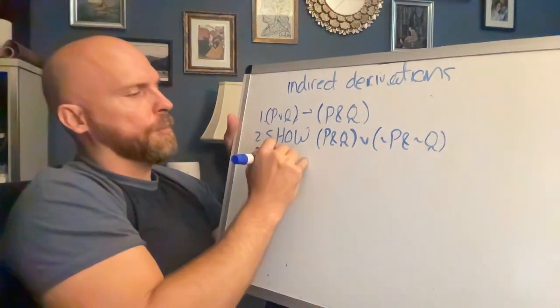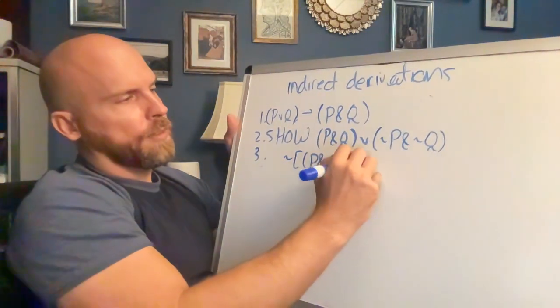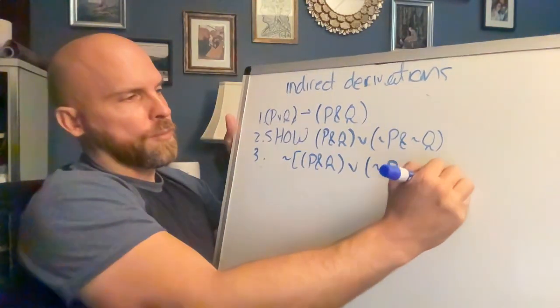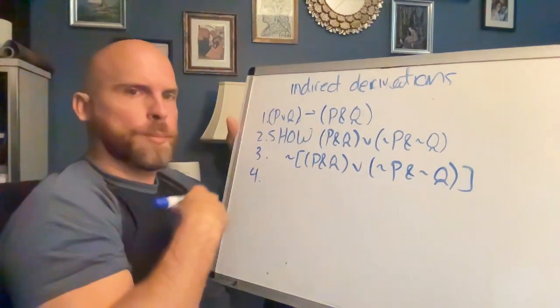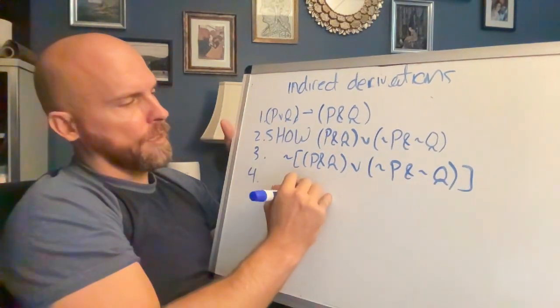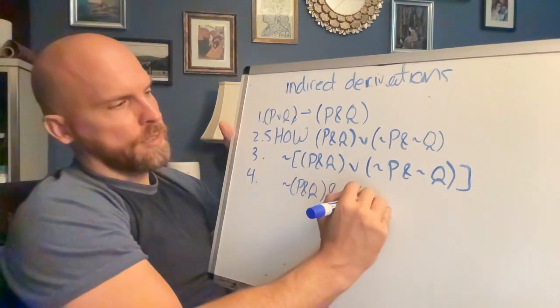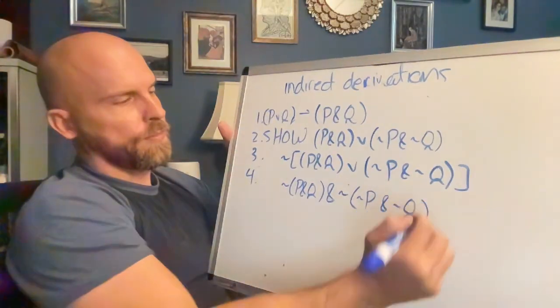I'm going to assume, for the sake of trying to find a contradiction, the negation of the thing I'm trying to show. And now I'm going to use De Morgan's to distribute through. Now with De Morgan's distributing through, what I get is not P and Q and not P and not Q.